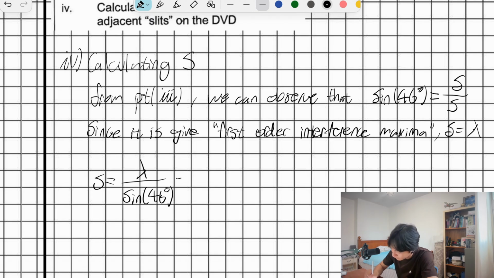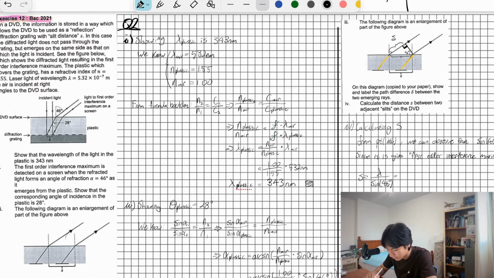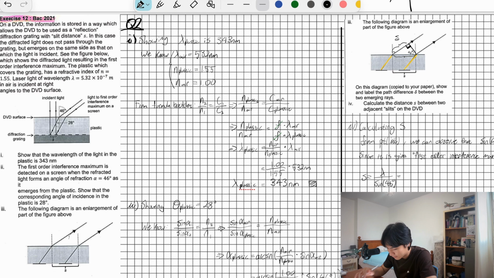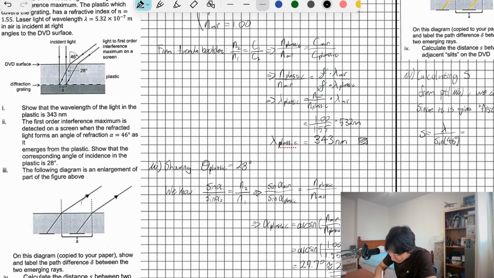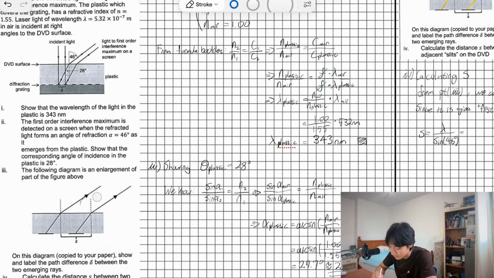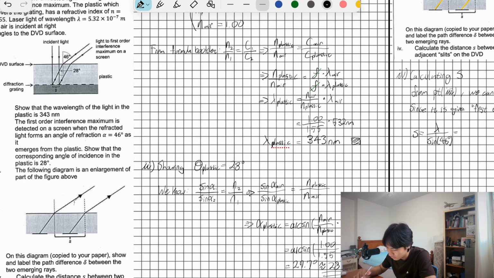What was lambda? Since this is in air, we must use the value of lambda in air, which is 532 nanometers.